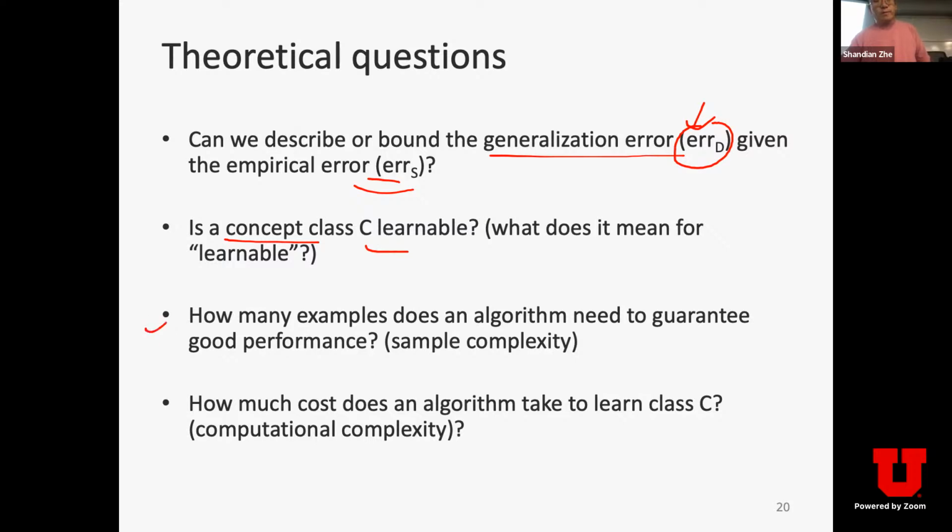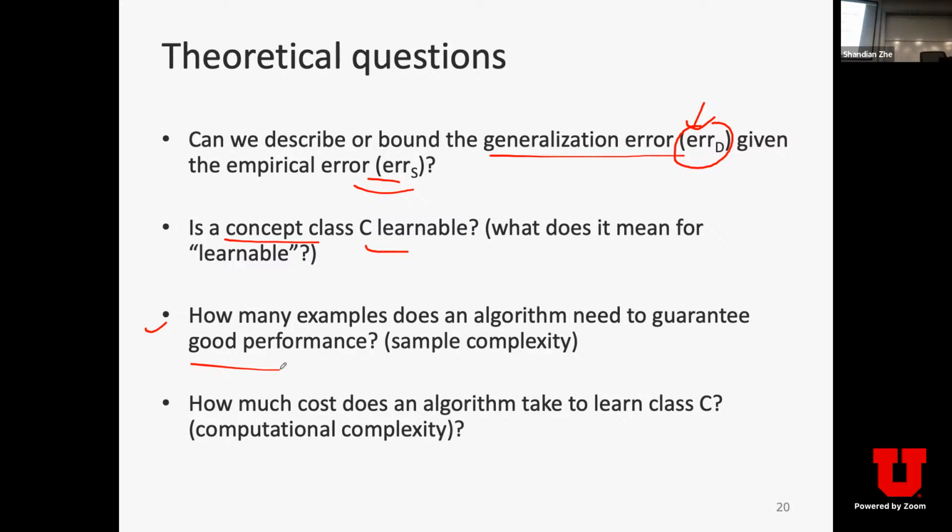And the third question is more practical. To learn a particular type of target function, how many examples does an algorithm need to guarantee some good performance? Say if I want my generalization error to be less than 0.05, how many training examples do I need?